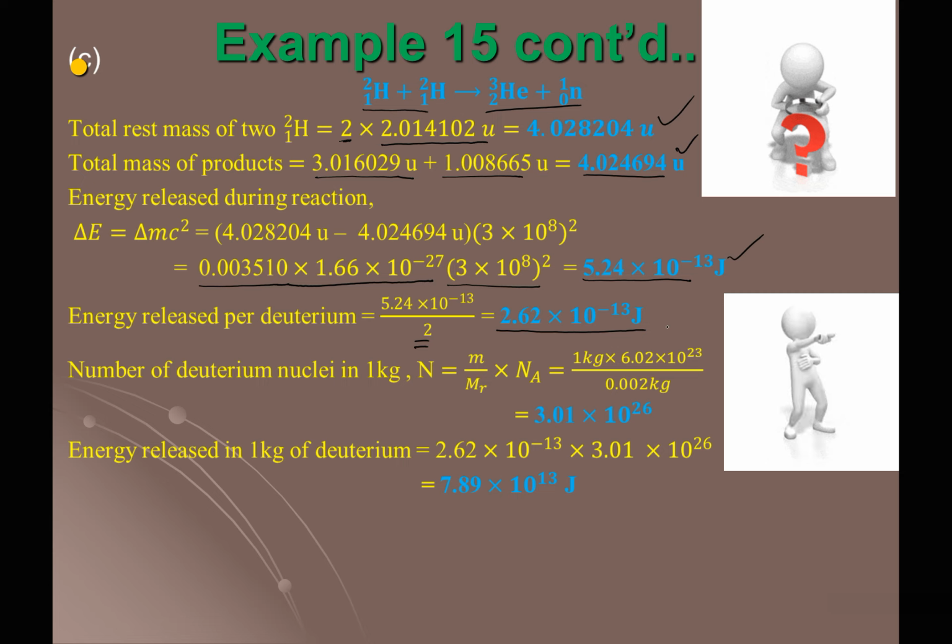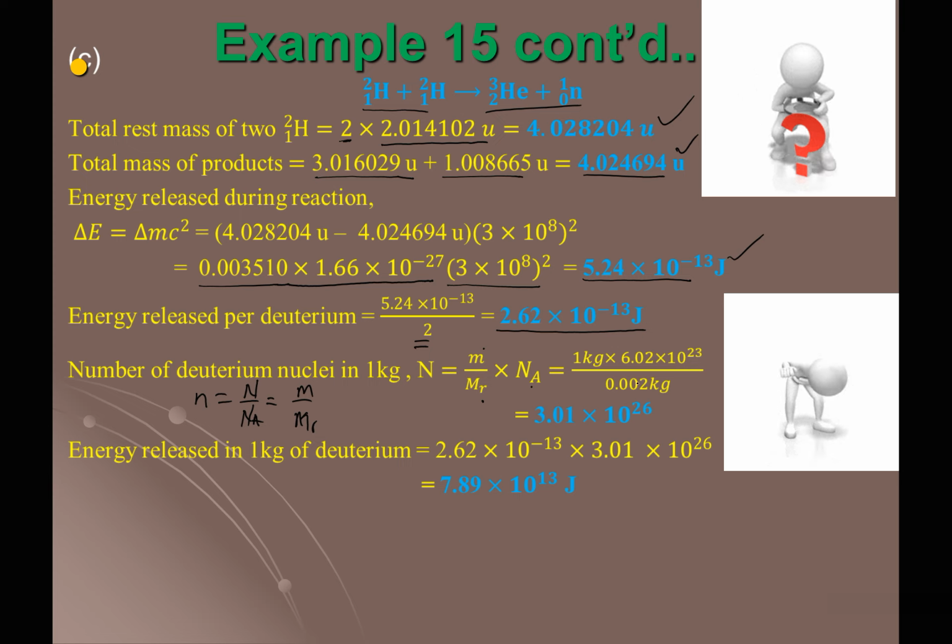Then the question wanted us to find the amount of energy released by 1 kilogram of deuterium nuclides. So we needed to find out how many deuterium nuclei are in 1 kilogram. So still using number of moles equals number of particles divided by Avogadro's number, which is the same as mass over the molar mass. I made n the subject, so n is equal to mass over molar mass times Avogadro's number. The mass is 1 kilogram.